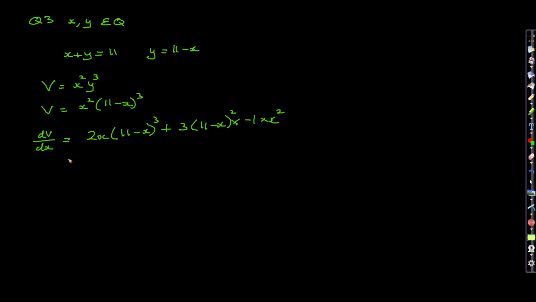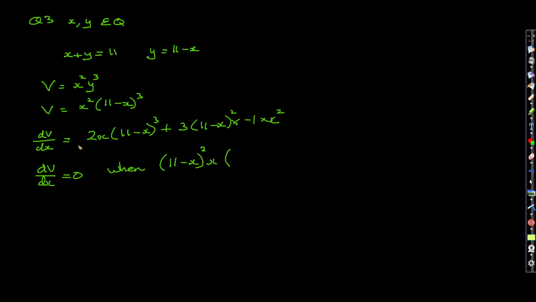Now for a maximum, we want this to equal 0. There were some common factors that we can take out here. We can take (11 minus x) squared out as a common factor. Another common factor we can take out from these two parts is x.